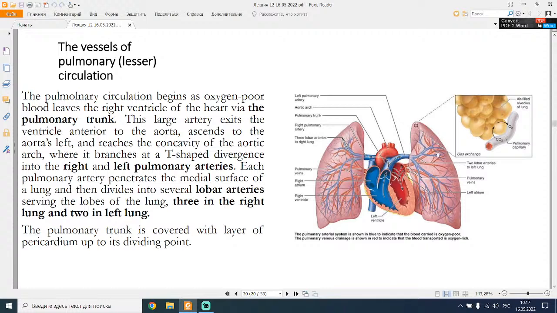Three lobes in the right lung and two arteries in the left lung. The pulmonary trunk is covered with a layer of pericardium up to its dividing point.